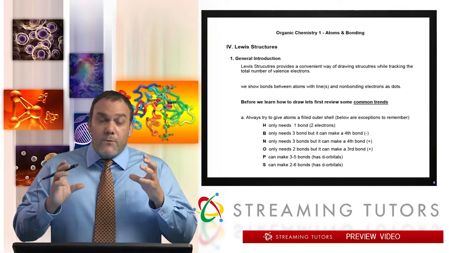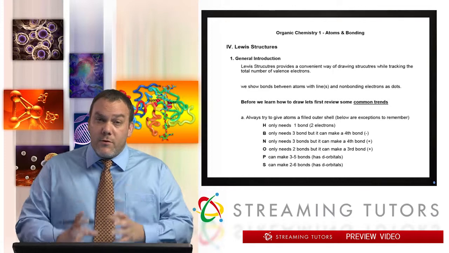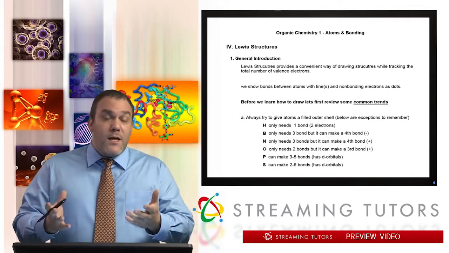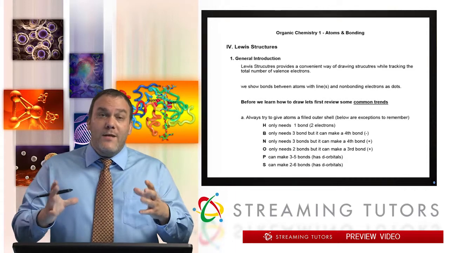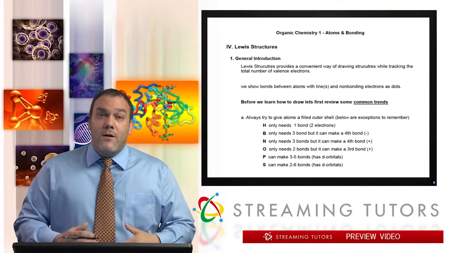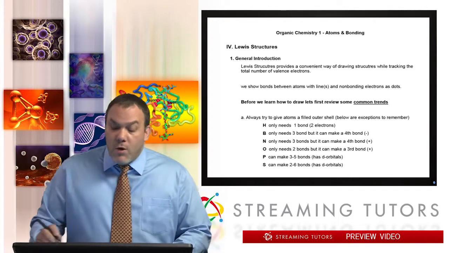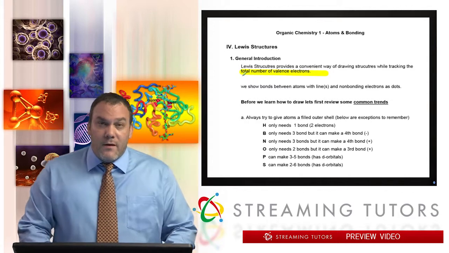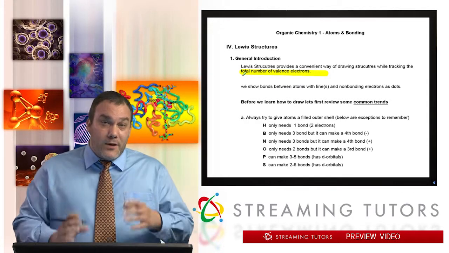They're the ones that have the weakest attraction to the nucleus, and they're the most accessible. If you think about it, they're the first line of defense when another atom comes close, so they're the ones that interact with other atoms. Lewis drawing is all about first identifying the valence electrons for each atom you're dealing with.